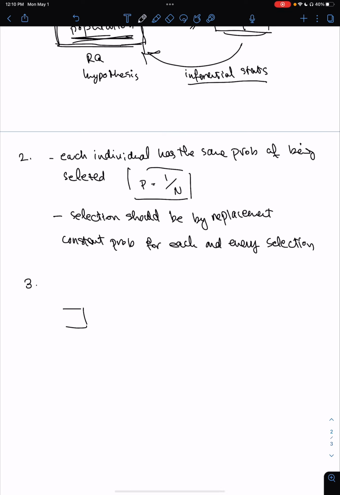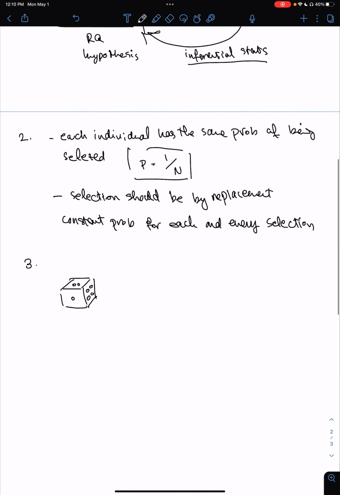For example, we have a dice that we're rolling. Imagine we want to roll the dice 3 times and see what we can sample from this dice.